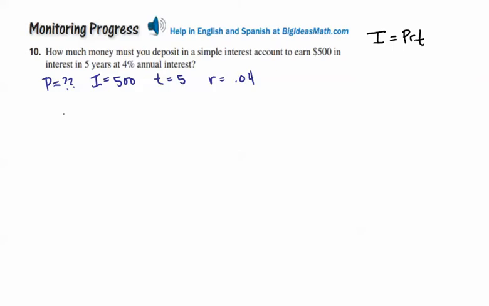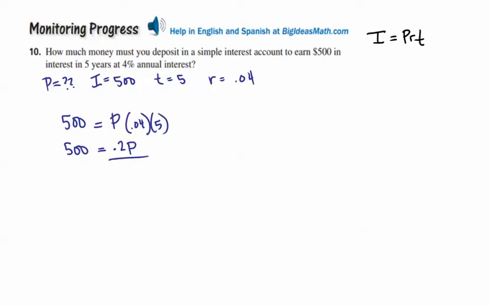So we set up our equation. 500 is equal to P times R, which is 0.04, times t, which is 5, and we get 500 is equal to 0.04 times 5 is 0.2, 0.2p.